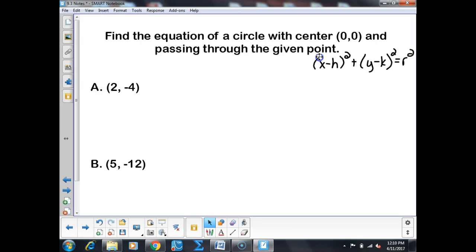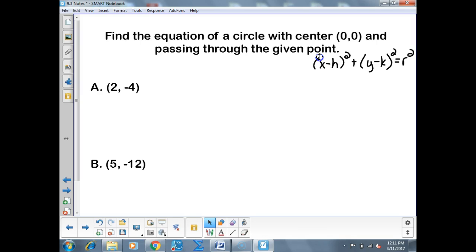I don't know. No clue. How can we find the radius? With a protractor. With a compass. Nope. With the slope.